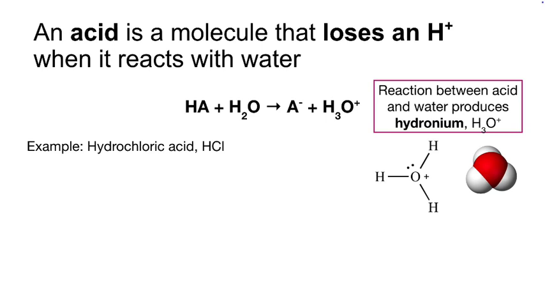So an organic chemist typically doesn't want to see water in their chemical reactions because water does all sorts of nasty other secondary reactions that we don't want to deal with. But if we get rid of the water, does that change our definition? Well, if the definition says when it reacts with water, yes, that's going to change our definition a lot.